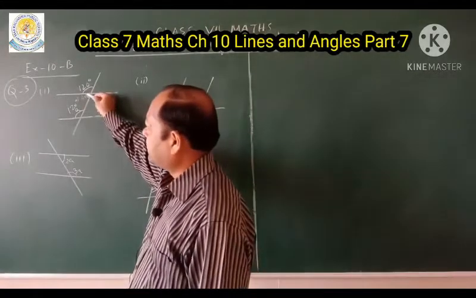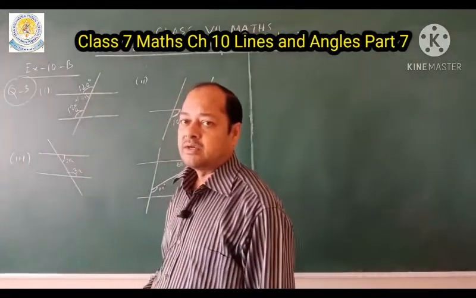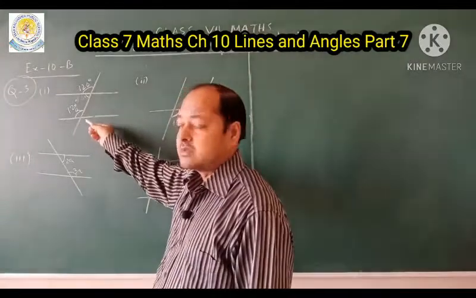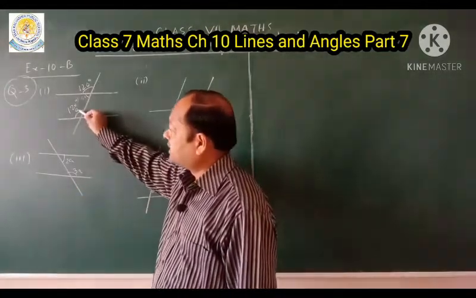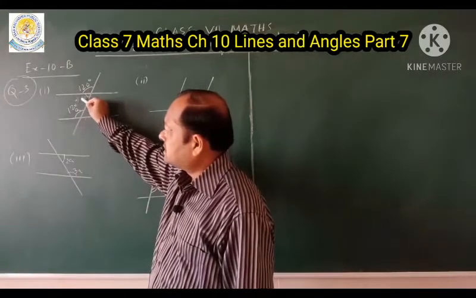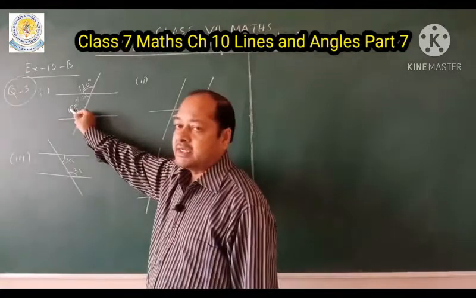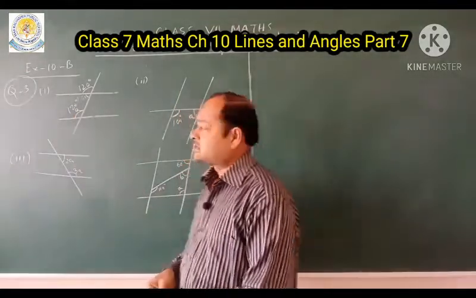These two angles are co-interior, so A value will be 120 degree. By the corresponding angles concept also A equal to 120 degree, and co-interior also A plus 60 equal to 180 degree, so A is 120 degree, and 120 plus 60 is 180 degree. So this is called co-interior angles.